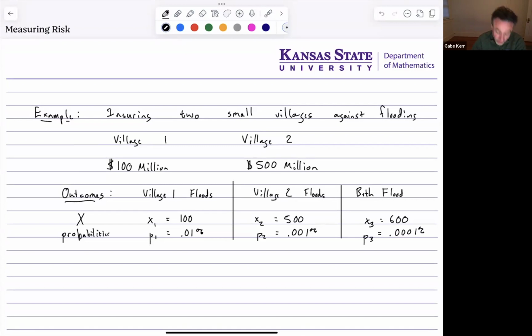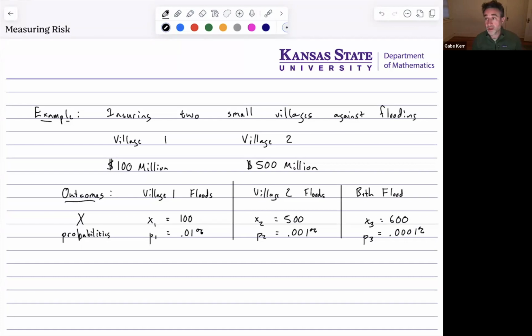What we want to do, if you're an insurance executive, or what's called an actuary, is price these policies. So you'll want to see what is your expected payout. In other words, how much over a long period of time would you expect to pay out to these villages for these policies?